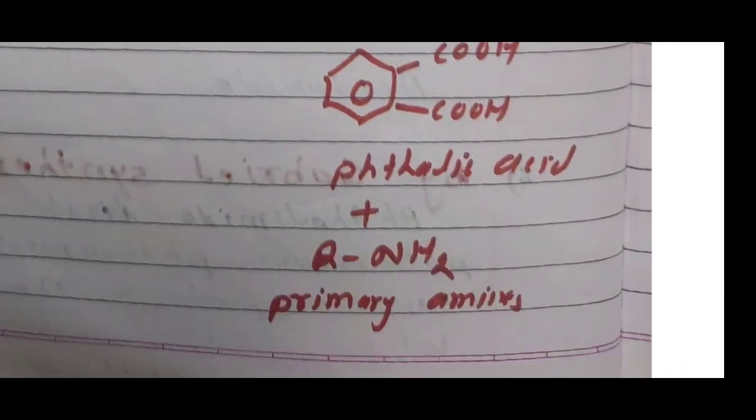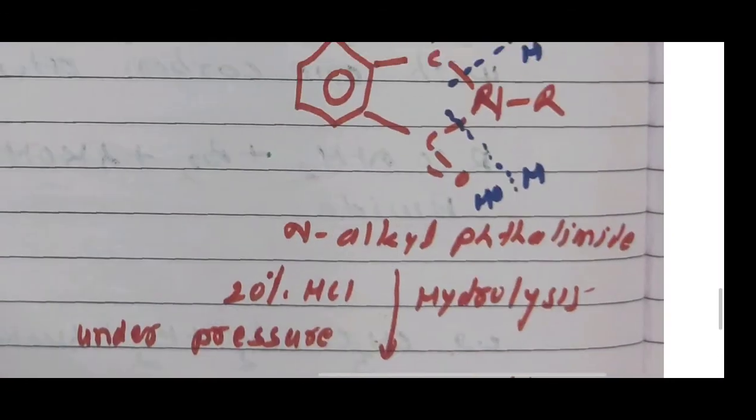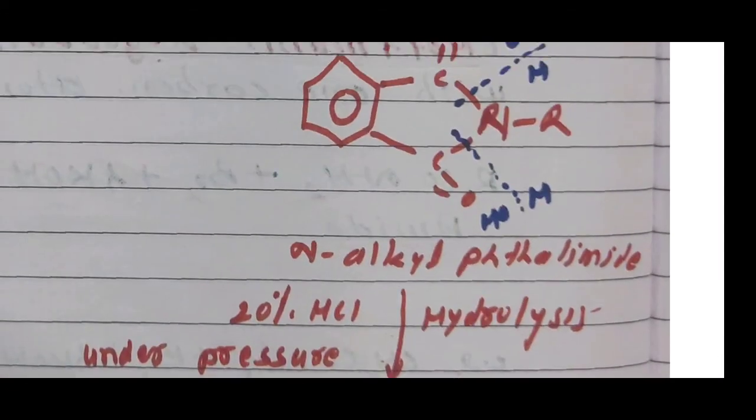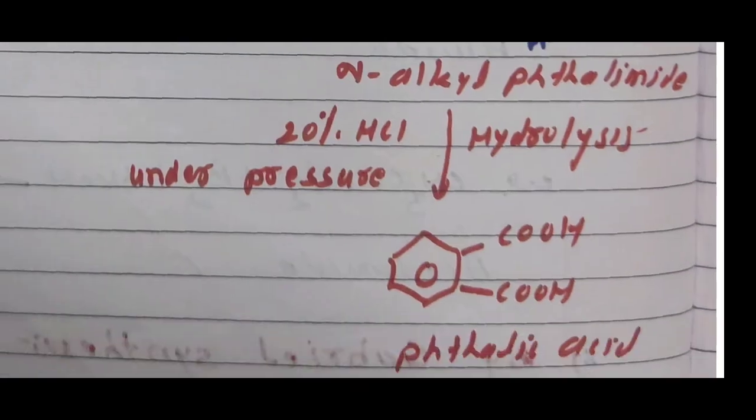Phthalic acid plus RNH2, the primary amine. Two hydrogen atoms are attached to the nitrogen atom, forming a primary amine, and the byproduct is phthalic acid.